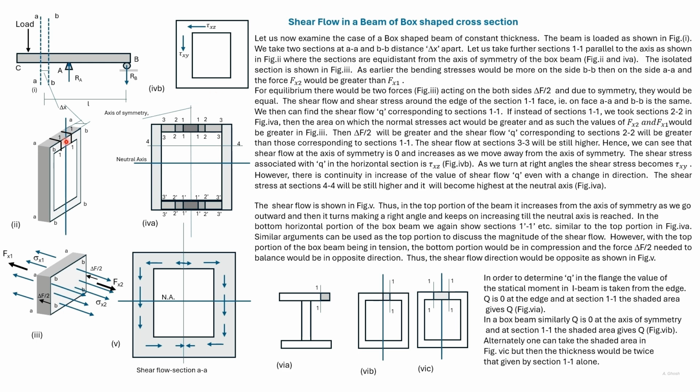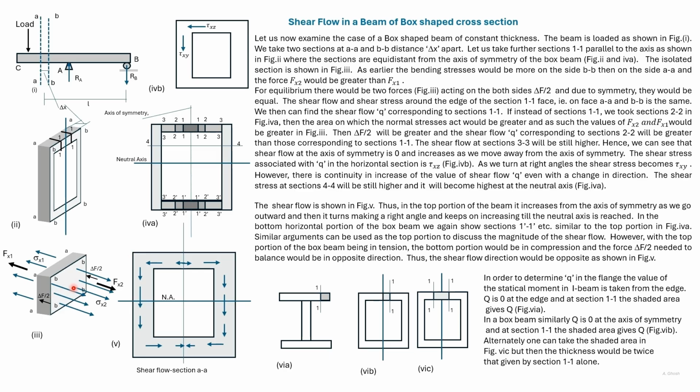Here, a view is given of the slice between sections AA and BB. We further consider two sections 1-1 equidistant from the center line. An enlarged view is shown in figure 3 with the stresses acting.